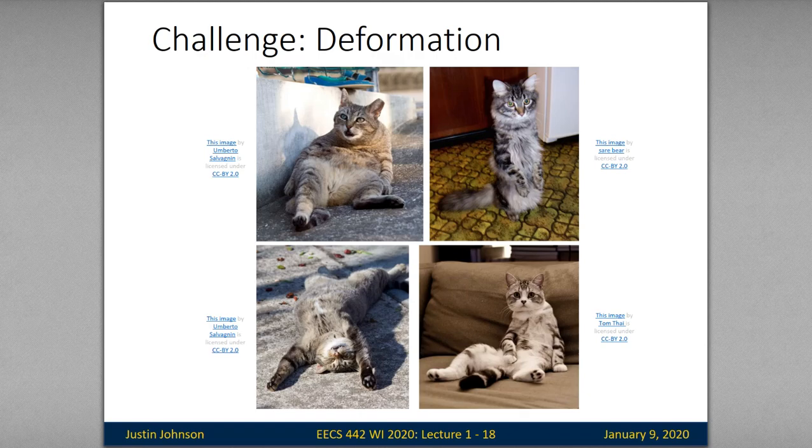And then for soft objects like animals, which can really bend and get different shapes, we also have to train the computer vision system to be tolerant to such changes.